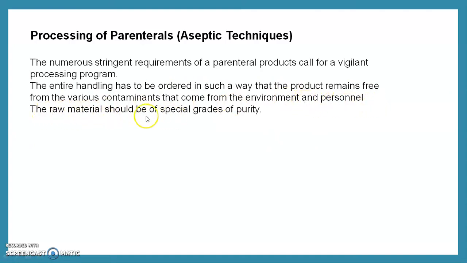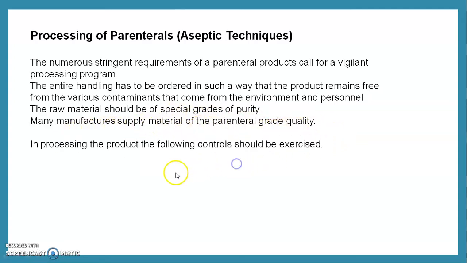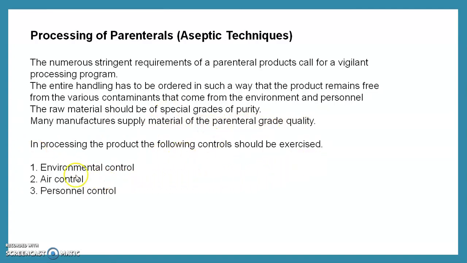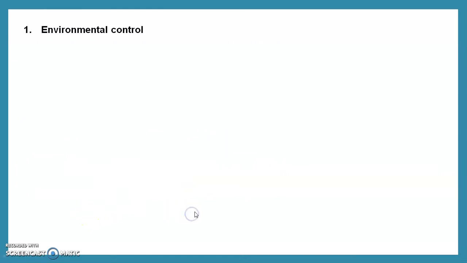The raw material should be of special grade of purity. Many manufacturers supply material of parenteral grade quality. In processing of the product, the following controls should be exercised: environmental control, air control, and personal control.